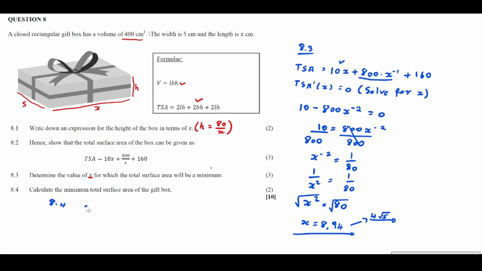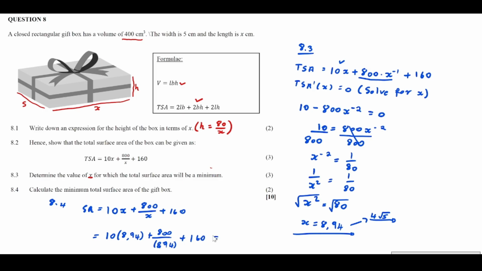Okay, so our total surface area, which is given by 10 multiplied by x plus 800 divided by x plus 160. This is going to be 10 into x. How much is x? x is 8.94, plus 800 divided by 8.94, plus 160.